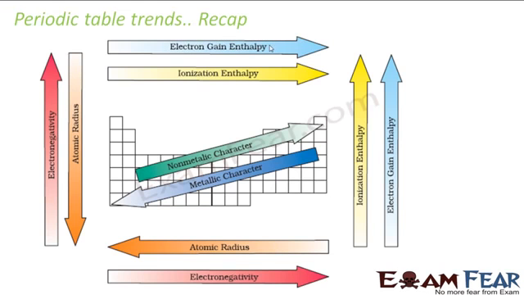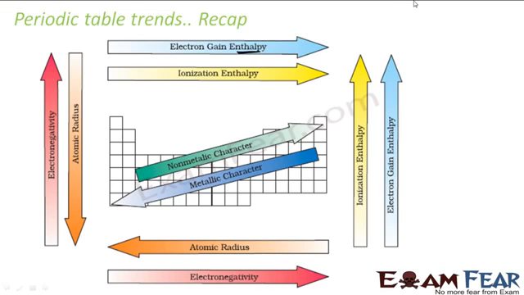Electron gain enthalpy is nothing but the amount of energy released when an isolated gaseous atom accepts an electron to become a monovalent gaseous ion. Generally energy is released, but sometimes energy is required.